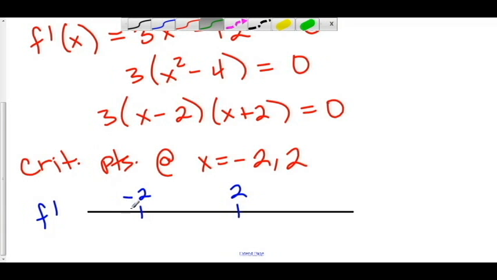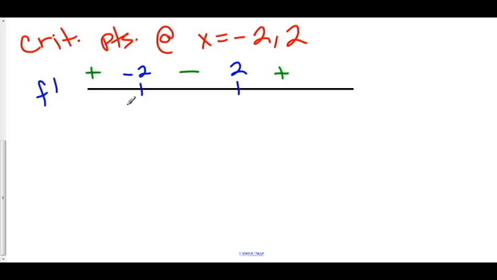So let's check negative 3, for example. Positive, negative, negative, that's positive out here. Let's check between negative 2 and 2. How about 0? Positive, negative, positive, it's negative inside. Let's look to the right of 2. How about 3? Positive, positive, and positive.